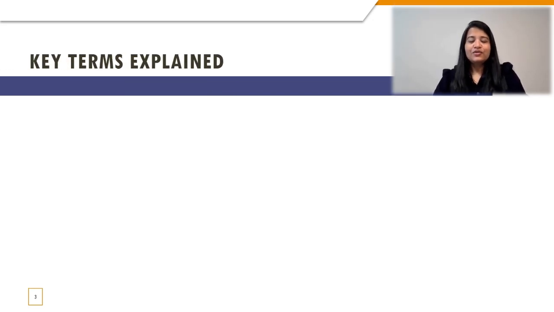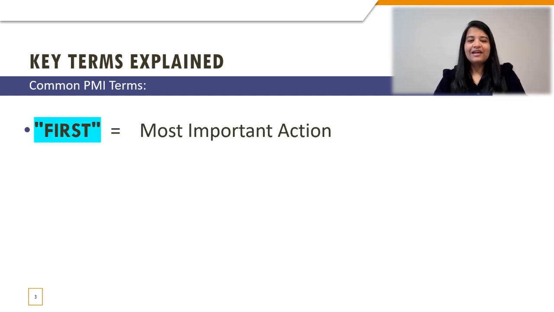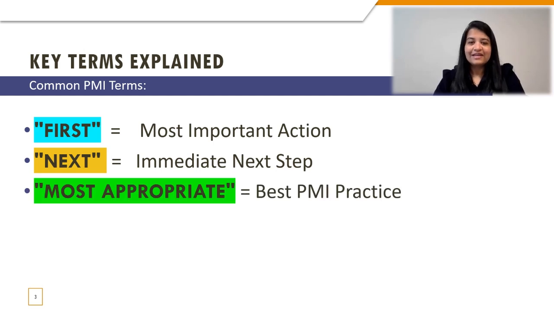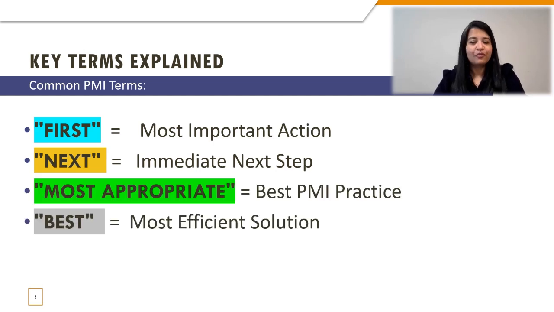Now let's decode that PMI-ism language, which is crucial for any PMP candidate to understand in order to answer questions appropriately. When PMI asks, what do you do first? They are not asking about chronological order. They want the most important action that needs to be taken as the next step.